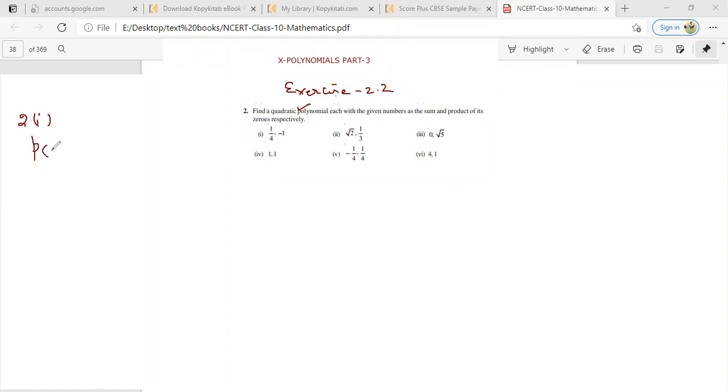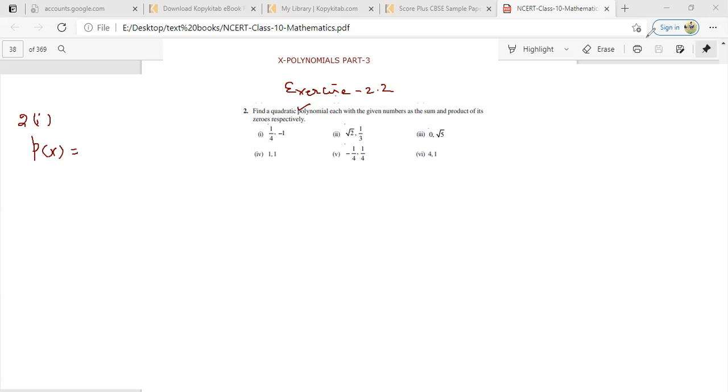Px, the formula for that polynomial Px is equal to x square. Actually, we should write k also.